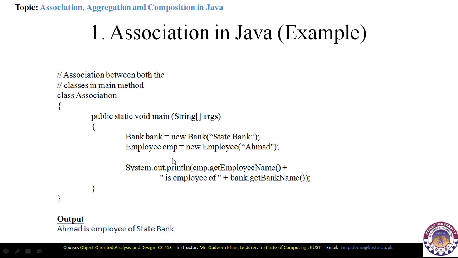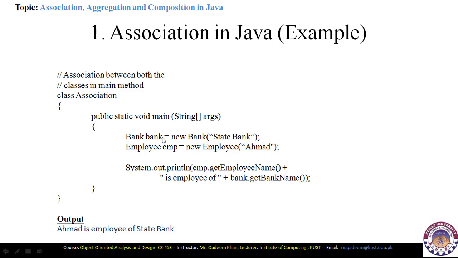Now we will also declare another class which will associate the Bank and Employee classes with each other. So here we have declared the class Association. Association is a class where we will associate these two classes with each other. Now we have public static void main(String[] args). This is the void function from where the program execution will start.